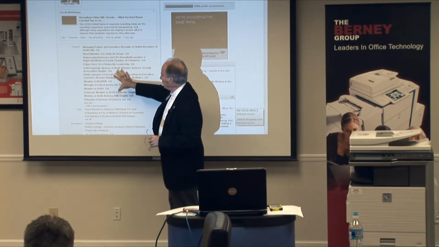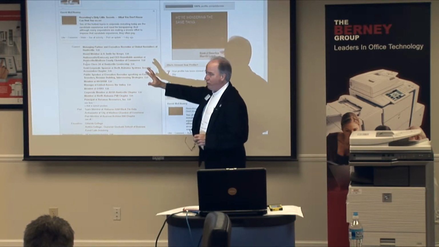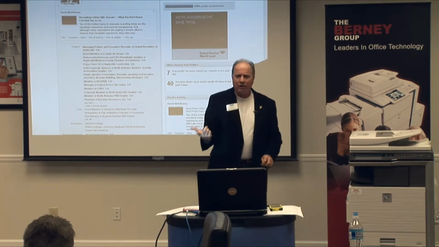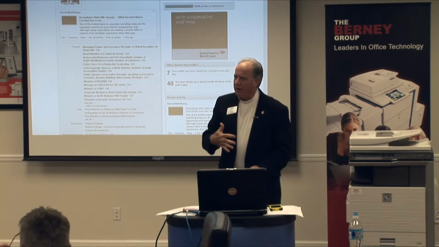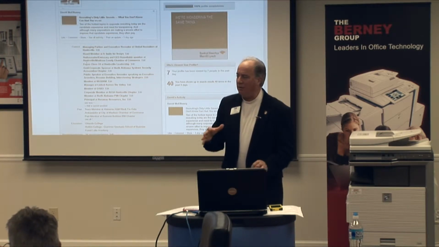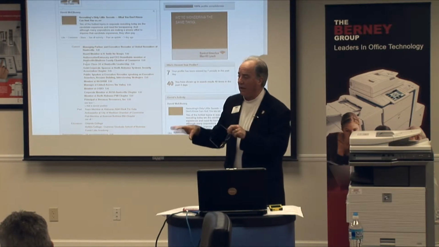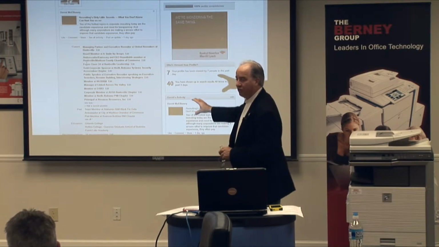I'll show you how that works when we get into the search mode. But in the find mode, the reason you want these in here is so somebody says, I saw a recruiter at that PMI meeting. I don't remember his name, but maybe I can type in PMI Huntsville, Alabama, and guess what? I'm going to come up in that search because I've got all this stuff in here.